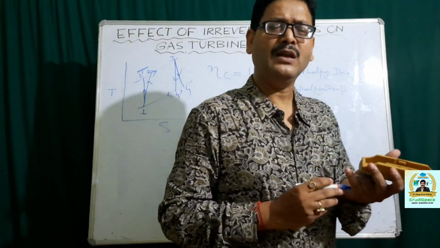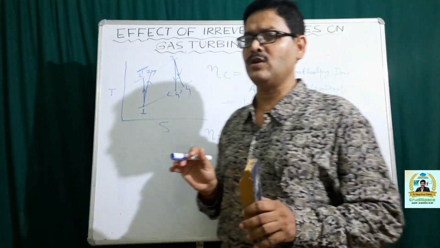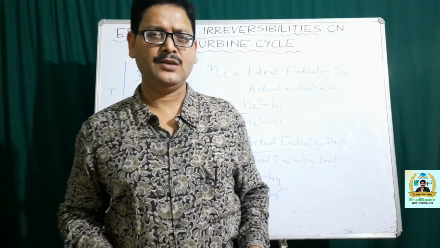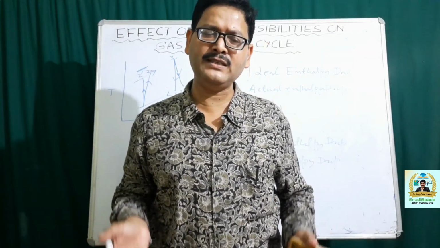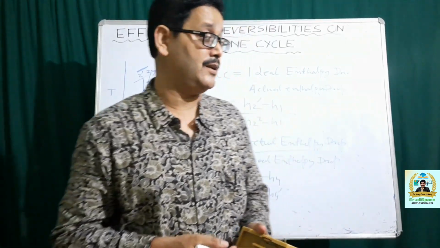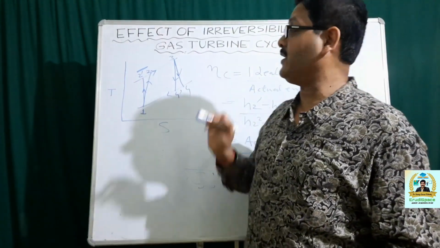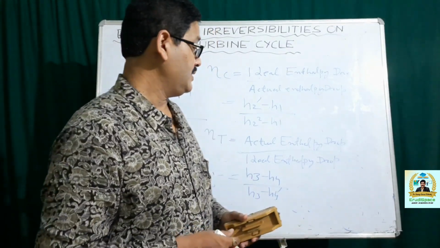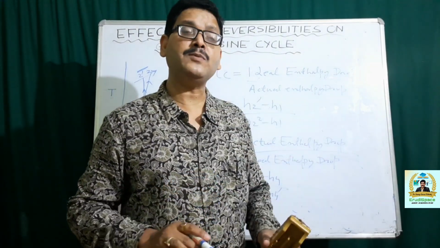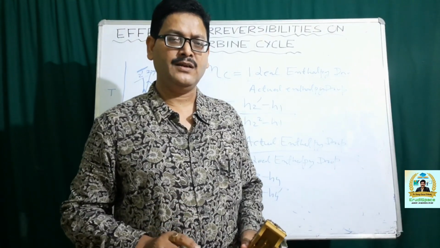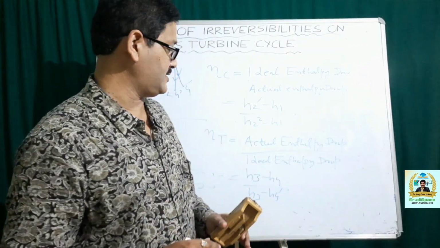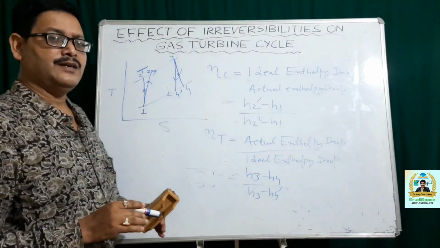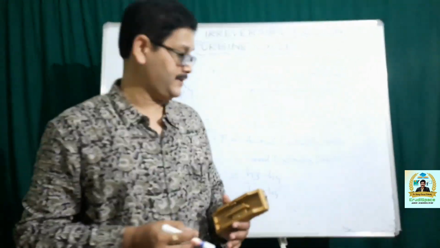Now, another important thing that you need to remember, that we have discussed so many cycles. We have discussed the Otto cycle, we have discussed the diesel cycle, we have discussed the dual combustion cycle. But while we are considering the effect of irreversibilities when it comes to gas turbine cycle, because irreversibilities is the law of nature that is also observed in other cycles. But when it comes to your Brayton cycle, it is very, very significant.